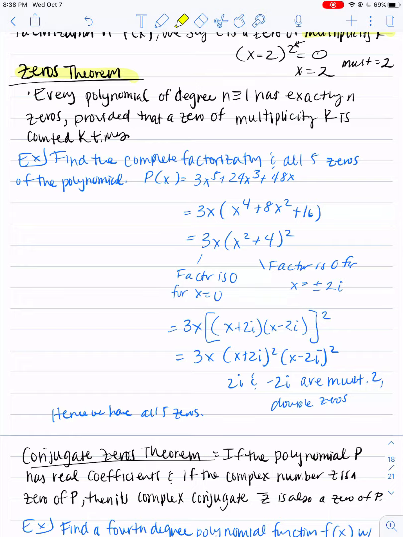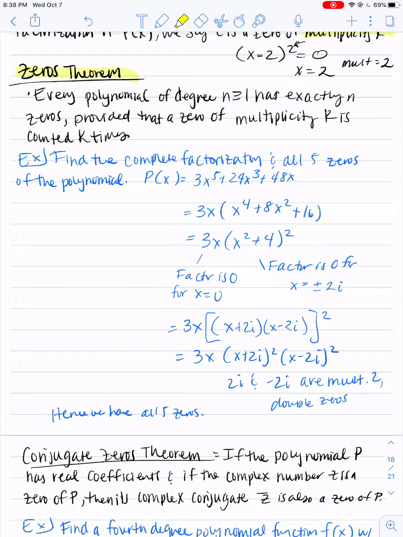Now we're going to find the complete factorization of all 5 zeros of the polynomial 3x to the 5th plus 24x cubed plus 48x. We can factor out 3x, so we have x to the 4th plus 8x squared plus 16.